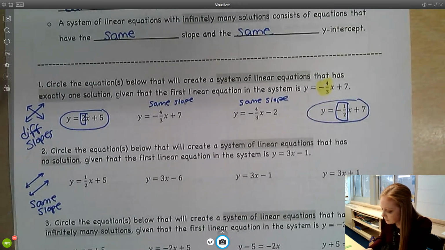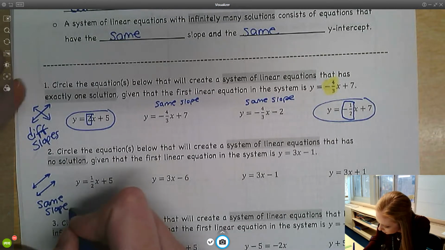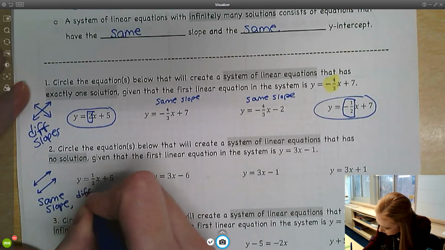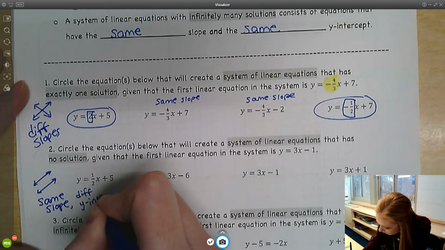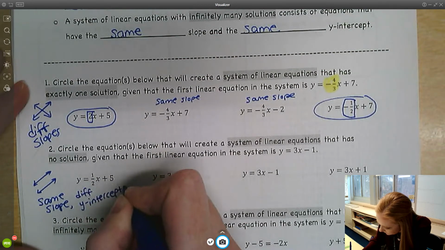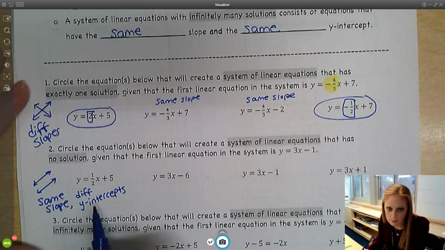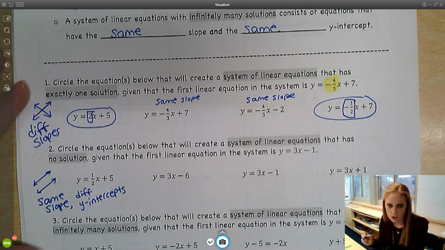So they have to have the same slopes, but there's something else important too. They have to have different y-intercepts. The reason they have to have different y-intercepts is because if they have the same slope and the same y-intercept, they'll just be the same line. And we're looking for 2 lines that run next to each other that don't ever cross.